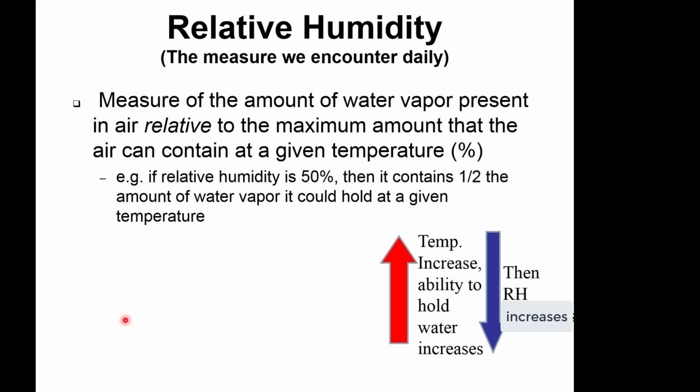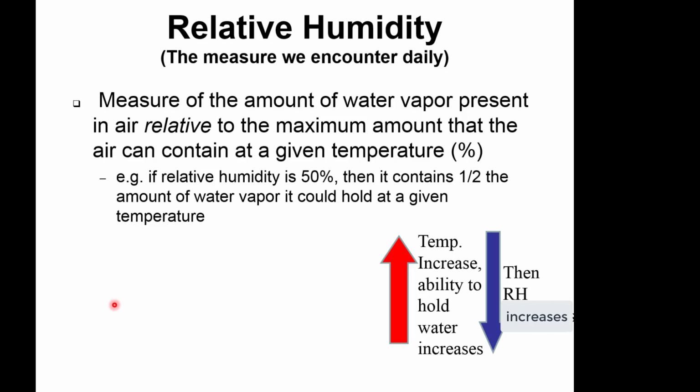So if, let's say, you have a room full of air and there's a certain amount of water vapor in it, if you heat that room up, then you can think of the water vapor as having more room to hang out in the warmer air, and it will be very happy as a vapor. But if you decrease the temperature, like this blue arrow, then the relative humidity will increase, meaning the colder air cannot hold on to the vapor as well as warmer air.